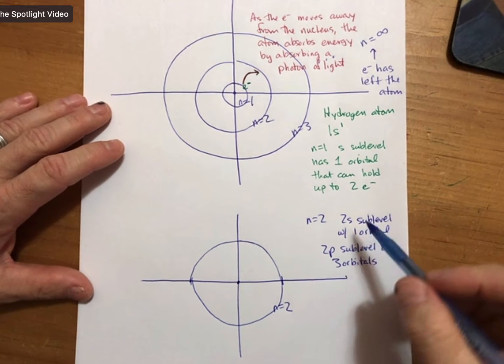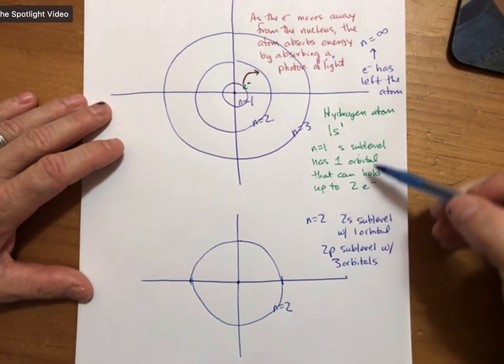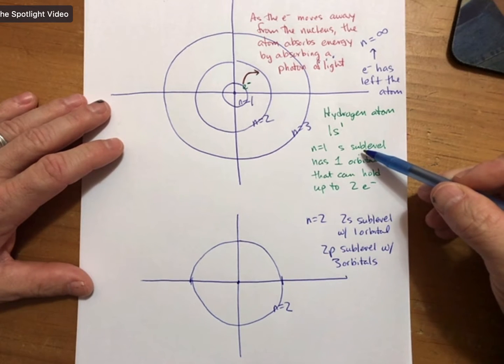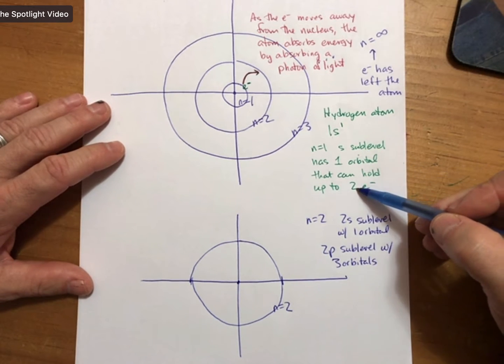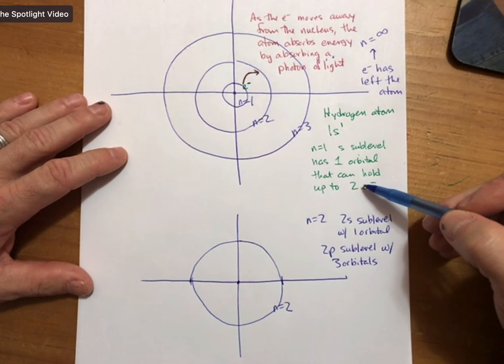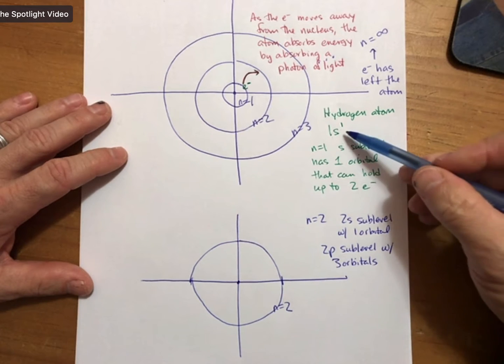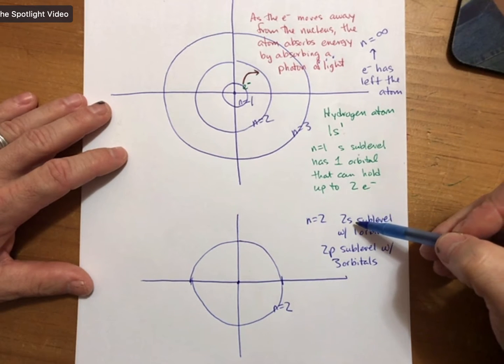And the 2s is just like the 1s in that it can hold a maximum of 2 electrons. And in fact, the only difference between the 1s and the 2s is their size.